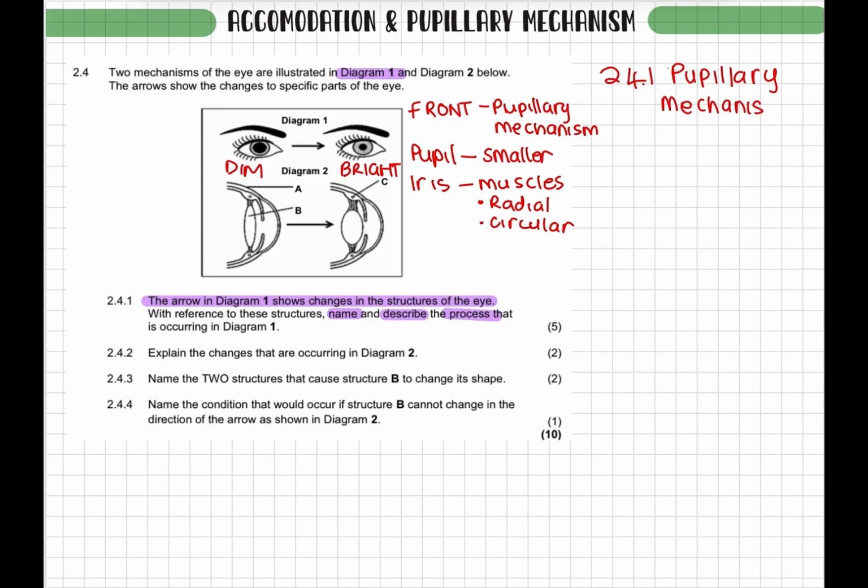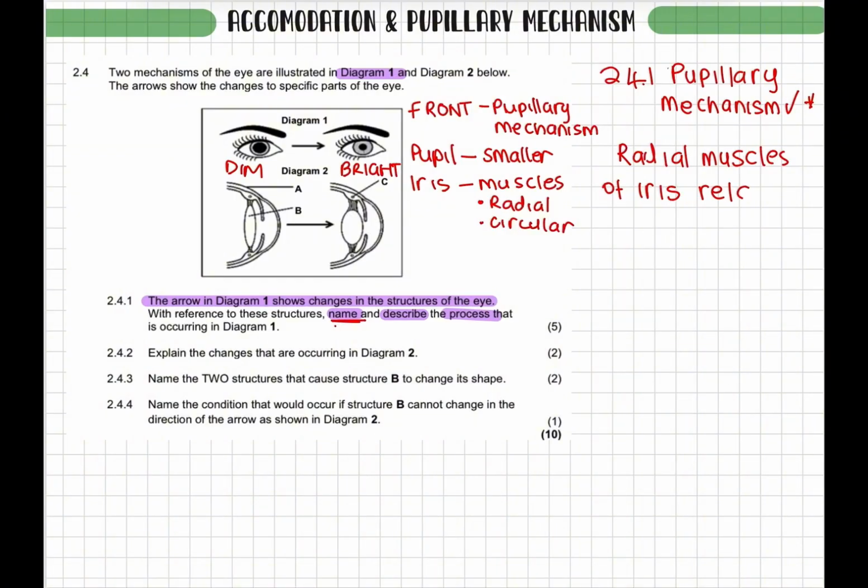And by the way, this is a compulsory mark since it's in the question. It means the description will be marked out of 4. So you describe the changes that are taking place in bright light. That is, the radial muscles of the iris. So it's important to mention that these muscles are of the iris.